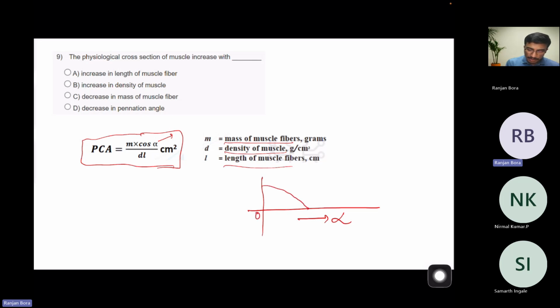This is 0 and this is 90. In other words, when alpha decreases, cos alpha increases, and so the physiological cross section of muscle increases.